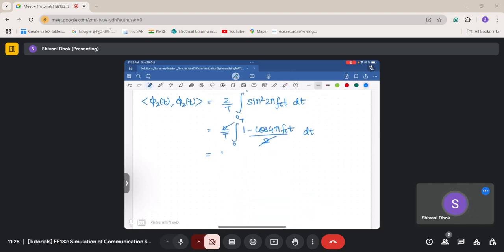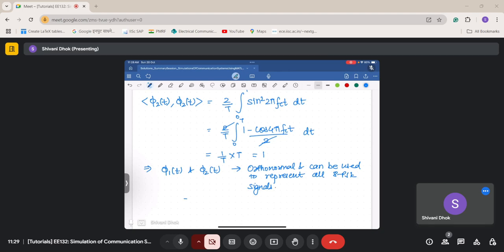So therefore again this comes out to be equal to 1 by T into T, which is equal to 1, which means that phi 1 of t and phi 2 of t are orthonormal and can be used to represent all 8 PSK signals, which means phi 1 of t and phi 2 of t are bases. Therefore the dimension of 8 PSK is 2.